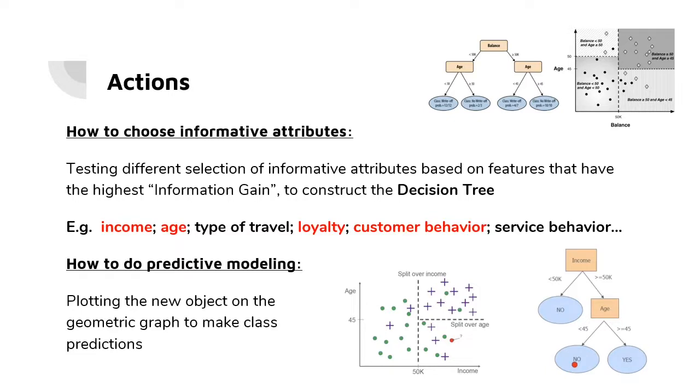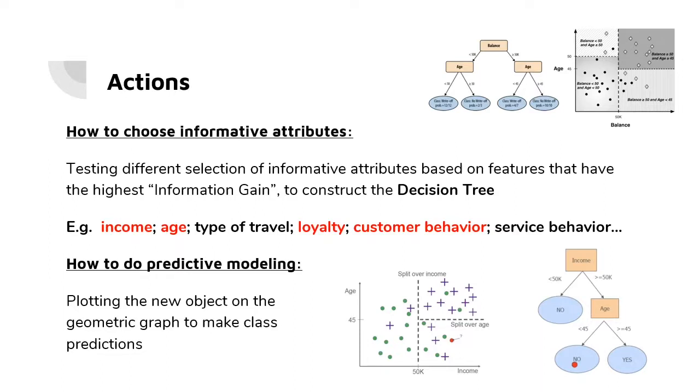Then they can calculate each of their entropies as well as the entropy of the whole set to find out which can have the highest information gain. Then they probably figure out that income, age, loyalty, and customer behavior are the ones that have the highest information gain. Then they can base on that to construct the decision tree.